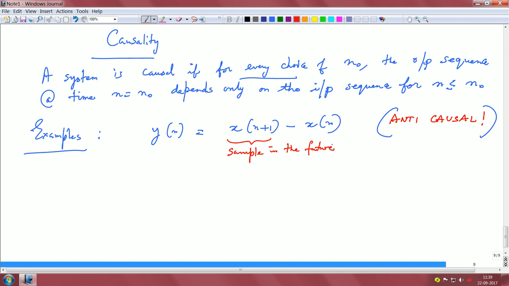So this is a very powerful idea, because something now is depending upon some input in the future, and that is anti-causality. And if y of n is of this form, x of n minus x of n minus 1, this is causal.